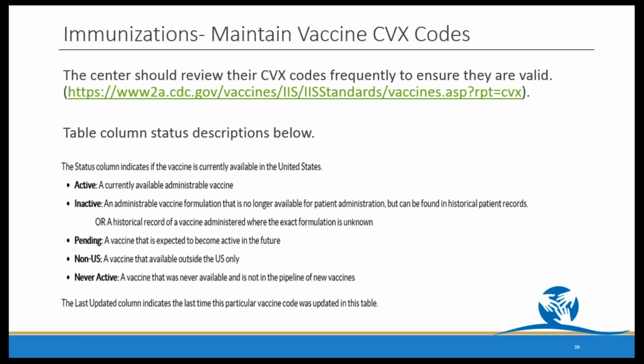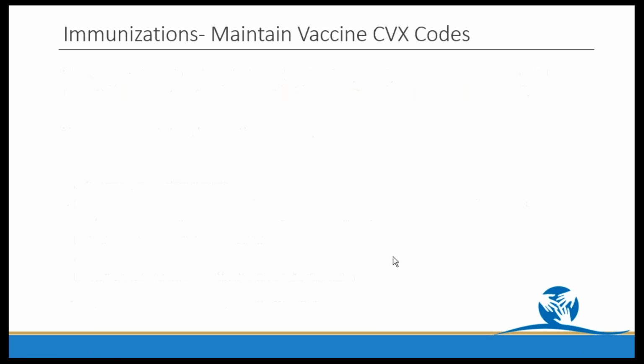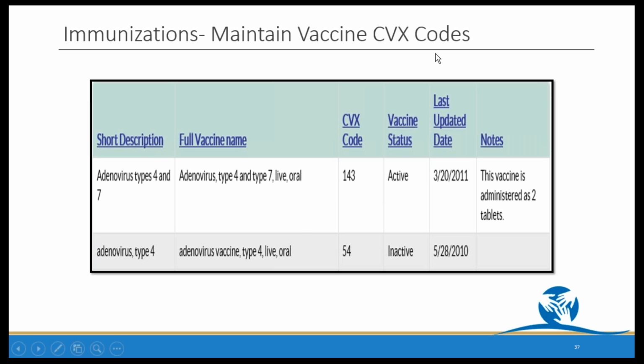There's going to be different statuses on the CVX codes. Again, this link will take you directly to the page that you will need to look at, and this is just a very small section of it. It is going to give you the description, the full vaccine name, the CVX code, whether it's active, and the last time it was updated.